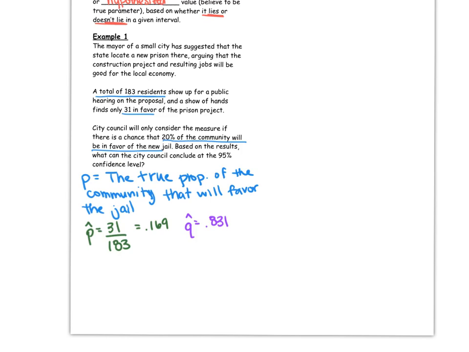Now, to construct the 95% confidence interval, what else do I have to find? We have to find the Z star. Draw a curve. 95% is on the inside. How much is on the outside? 5%, but you have to split it up how? 2.5 and 2.5 on both sides.